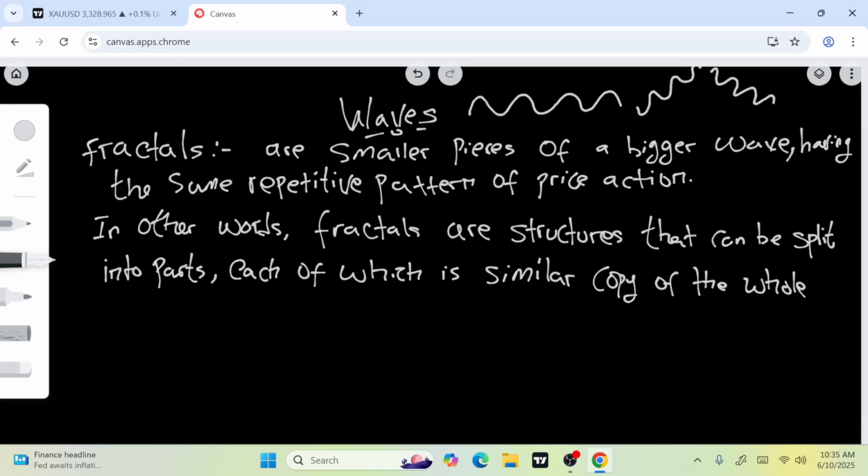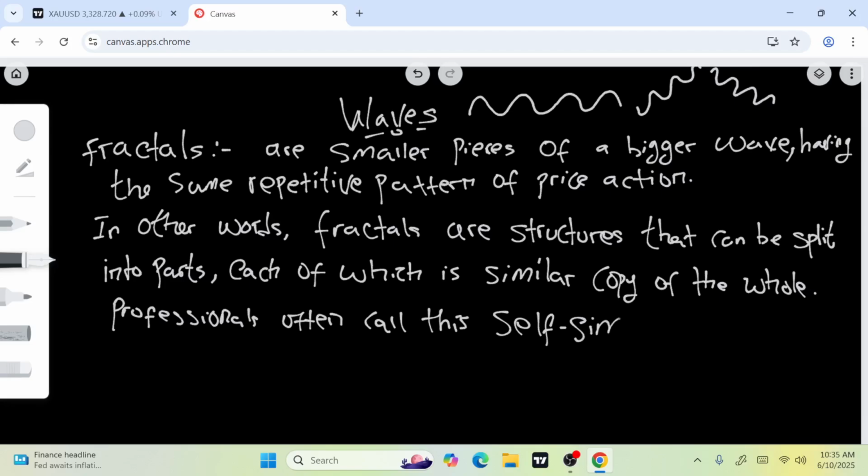Similar copy of the whole. Now, professionals often call this self-similarity.